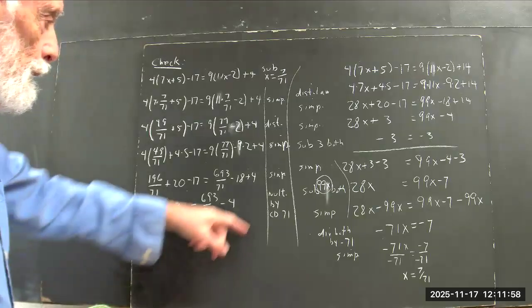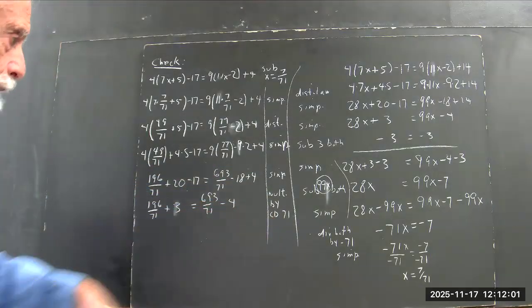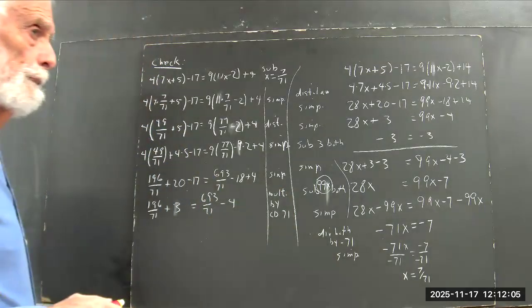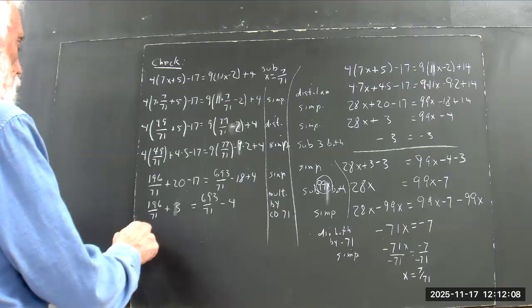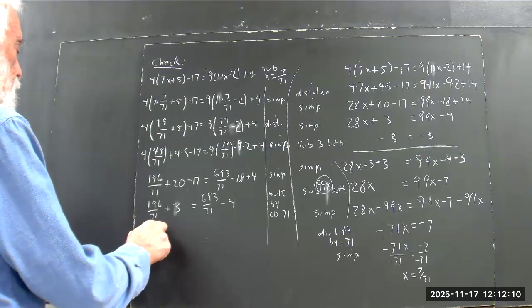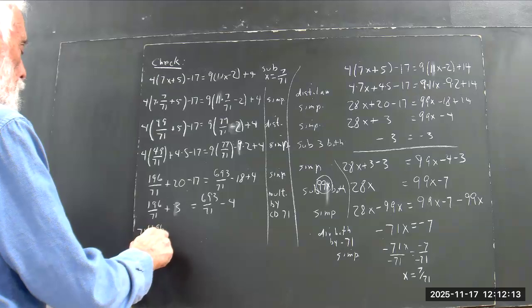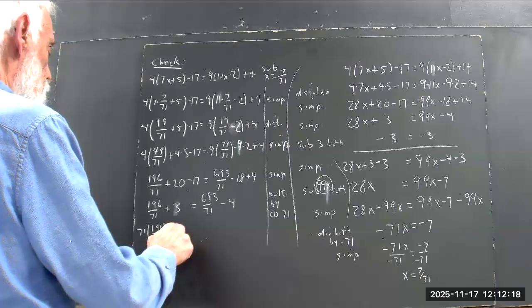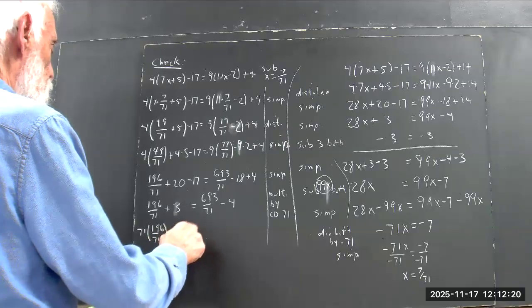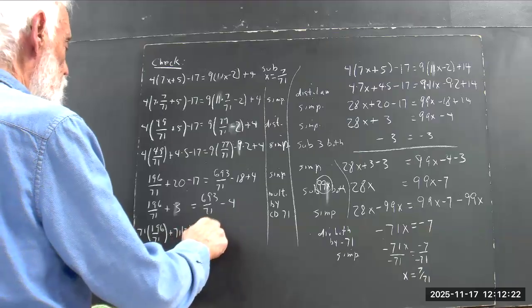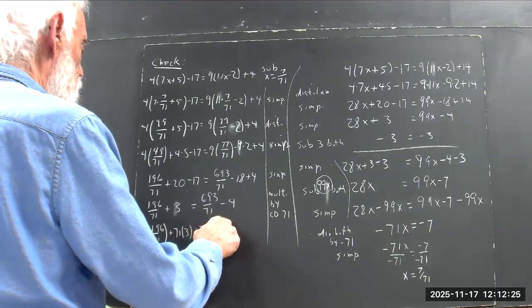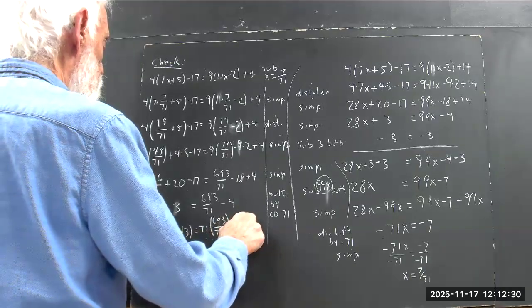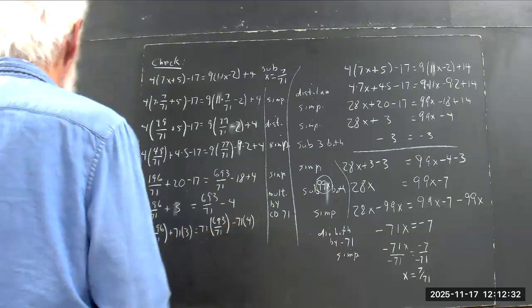And I say multiply by the common denominator 71. So we have 71 times 196 over 71 plus 71 times 3 equals 71 times 693 over 71 minus 71 times 4.